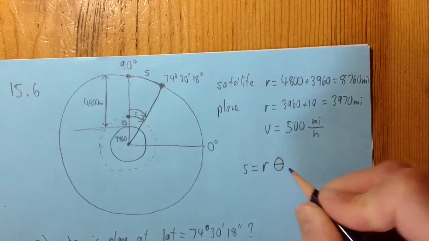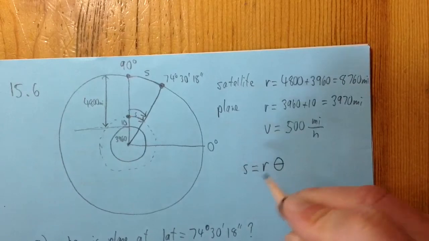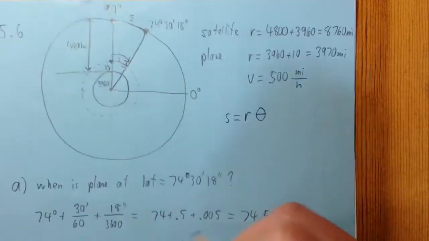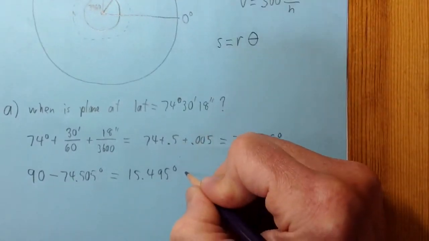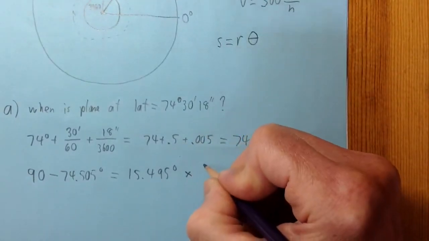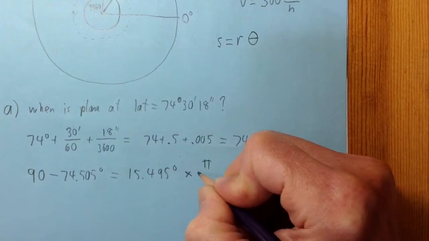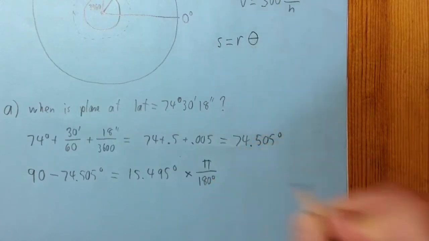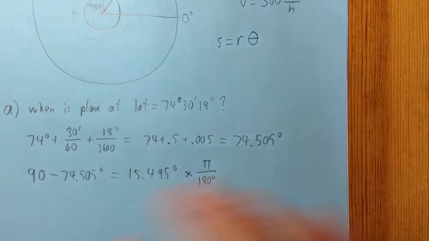It's just really simple. This distance equals the angle in radians times the radius. So we want to change this to radians so we can use that formula. We multiply by pi radians, which is the same as 180 degrees. And degrees cancel, so we know we did it right. So times pi divided by 180.